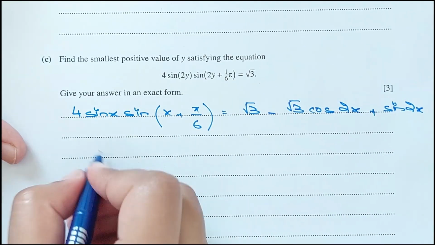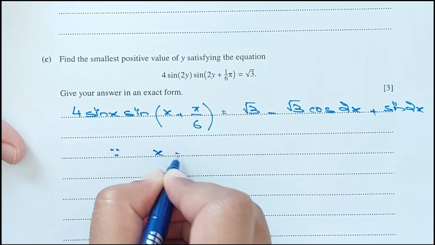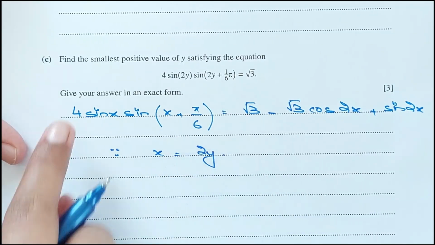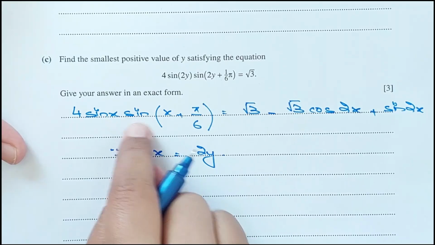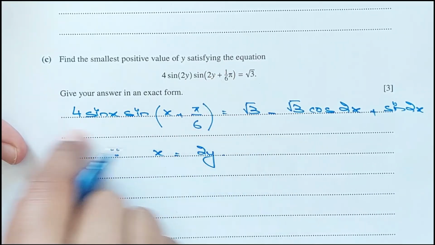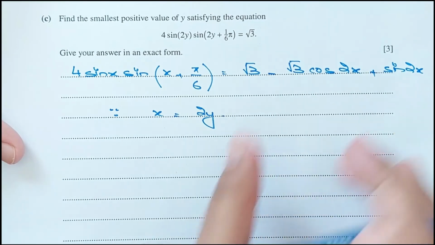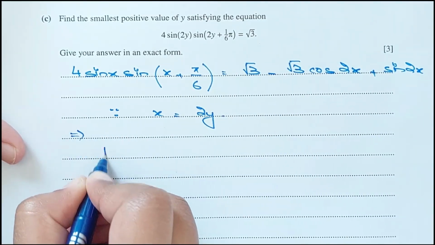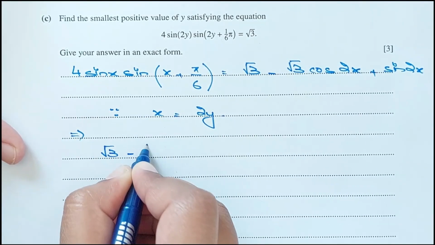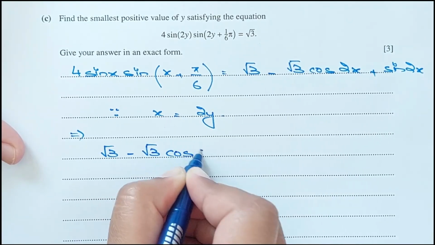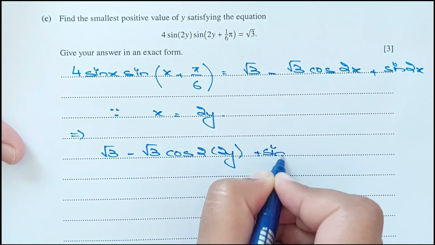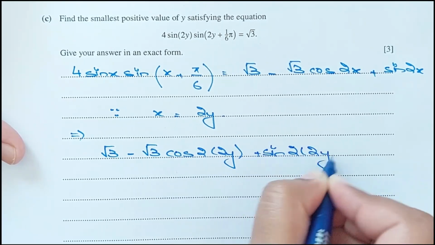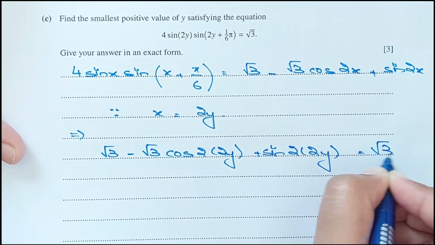Okay, now if I replace my x value with 2y, right, 4 sine of 2y plus pi by 6, this term is equal to this one. So we can say square root of 3 minus square root of 3 cos 2 times 2y plus sine 2 times 2y, this is equal to square root of 3, right?